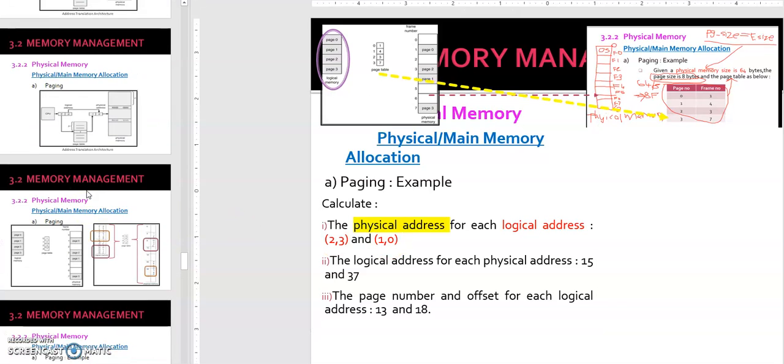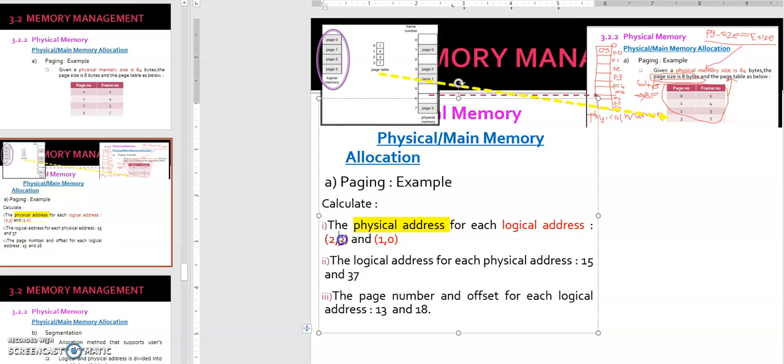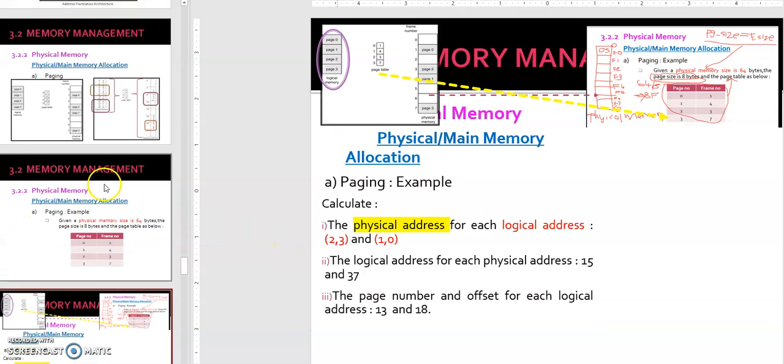If we look back at the slides here, this is the formula. The first number is the page number, and the second one is what we call the offset address.